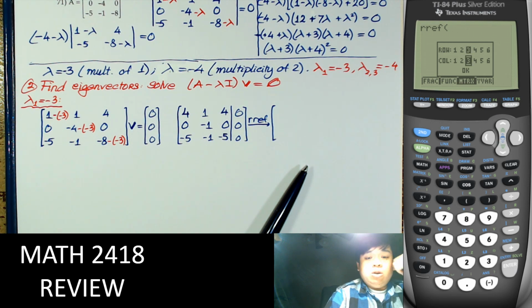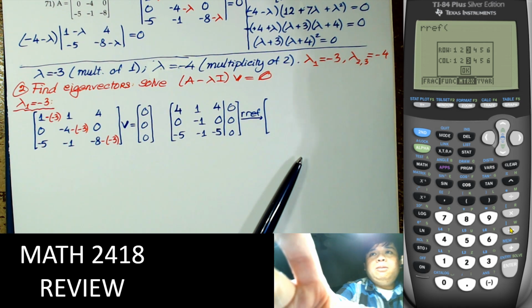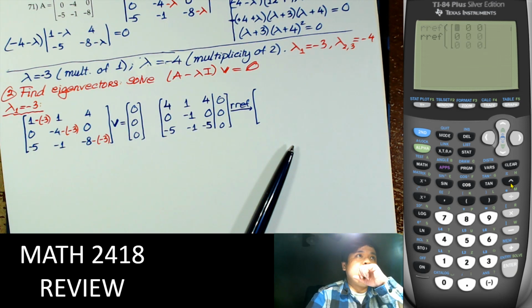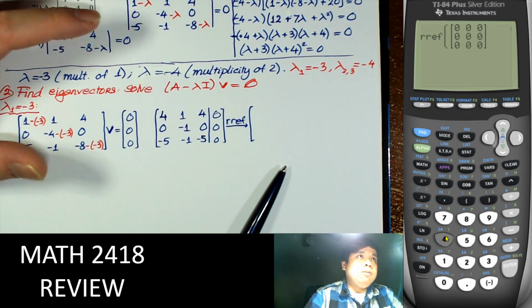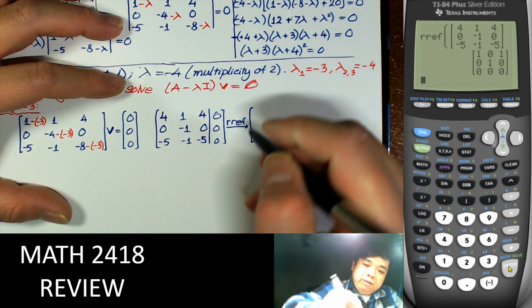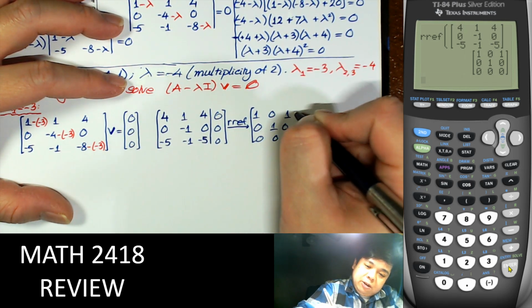Like I said, I don't need to enter the last column here. All of them is going to be 0 anyway. We have 1 0 1, 0 1 0, 0 0 0.